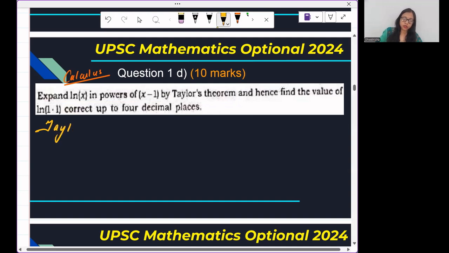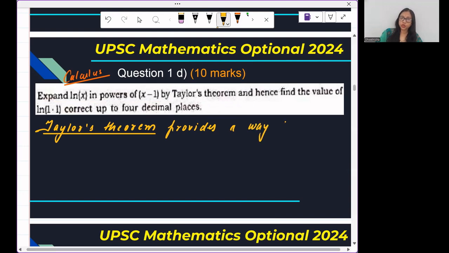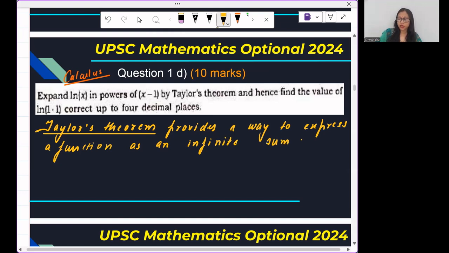Taylor's theorem provides a way to express a function as an infinite sum of terms.